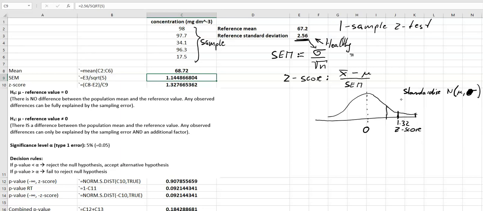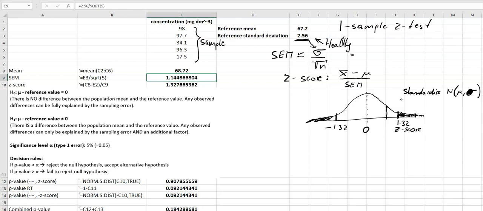So we are asking, what is the probability of getting a z-score that is higher than or equal to 1.32? And if we are using a two-tailed test, we are also asking, what is a z-score that is smaller than negative 1.32?